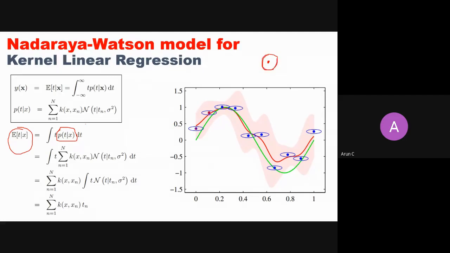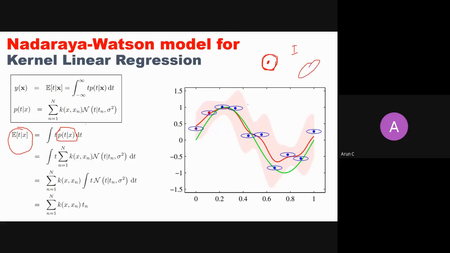It means I keep the mean exactly over my x, and the variance is just a circle, or it can be represented by the identity matrix because it is independent. That's why it is a circle. If it is not independent, it could be an ellipsoid.